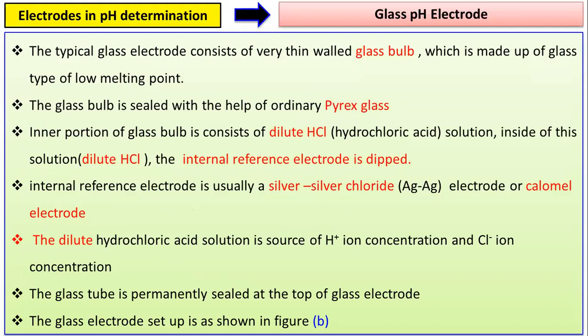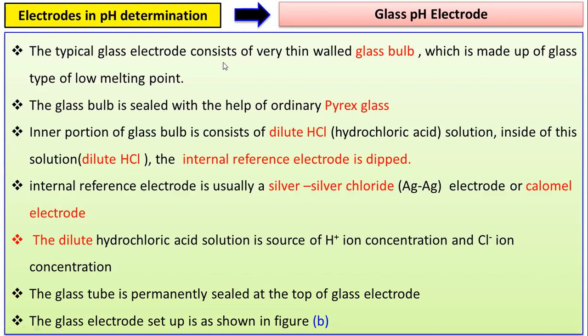Continuing with that topic, today we will discuss the glass pH electrode, that is another electrode used in the pH meter. So what is the content of this glass pH electrode, how it functions, and what is the diagrammatic presentation for the glass pH electrode? We will see in detail.